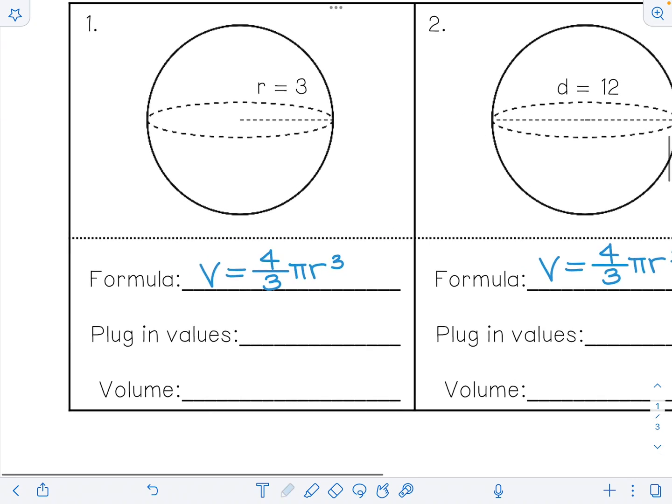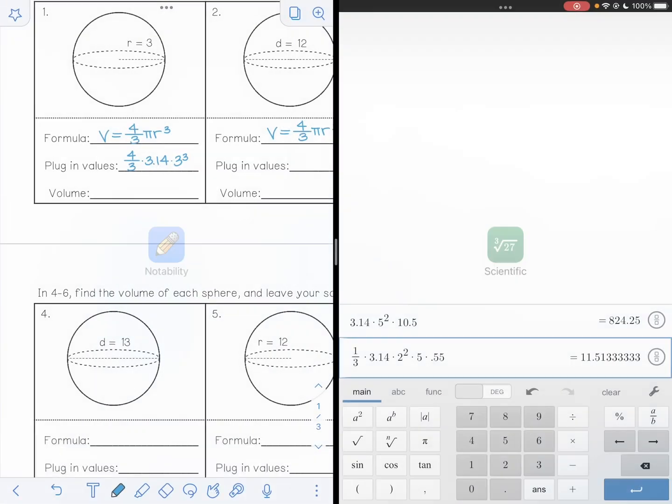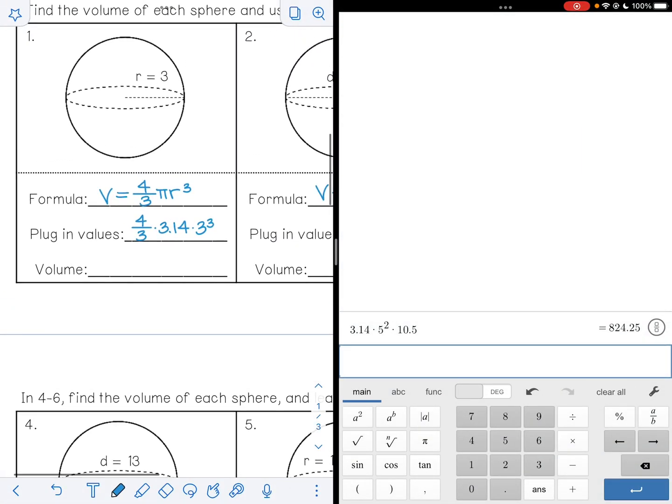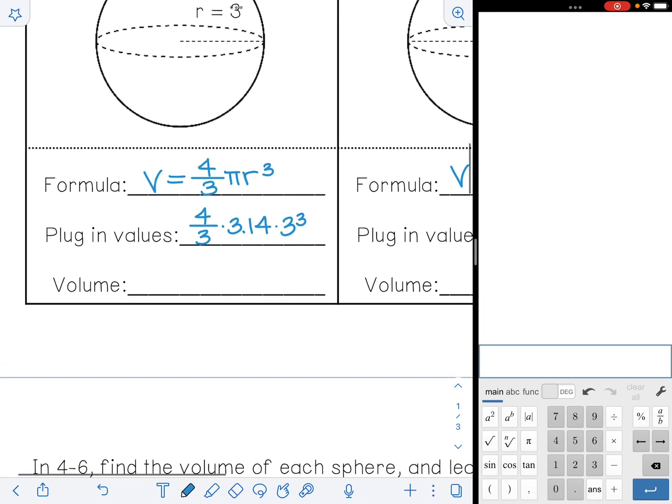So plugging in our values, and really we're just plugging in one value, the radius, we get 4/3 times, we're using 3.14 for pi. The radius is given to us as 3, and so we raise that to the third power. I'm going to pull up and split screen with a calculator so we can see what we get as an official volume.